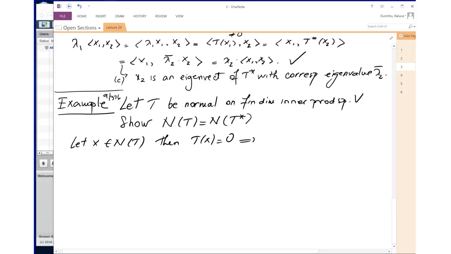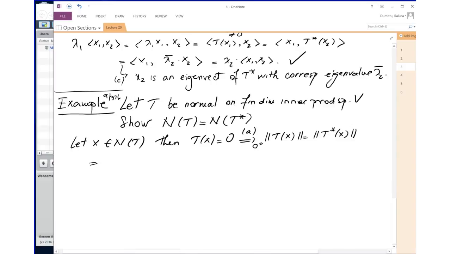But according to property A, because T is normal, T and T star have the same norm for every vector X. So the norm of T of X, which is of course 0, is the norm of T star of X. But again, T star of X is a vector of 0 norm.